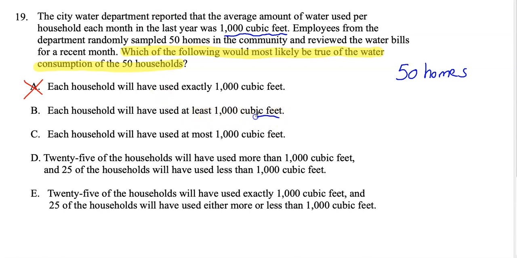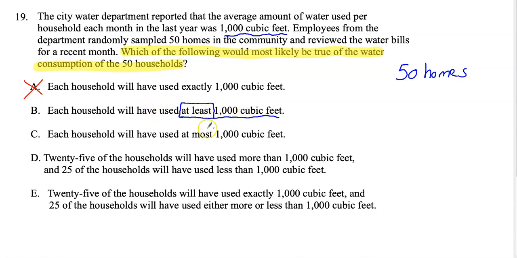At least 1,000 cubic feet. This word at least especially is confusing. At least means you're going to use 1,000 cubic feet or more. Think about it. If I said you have at least $100 in your wallet, you would have $100 or more.